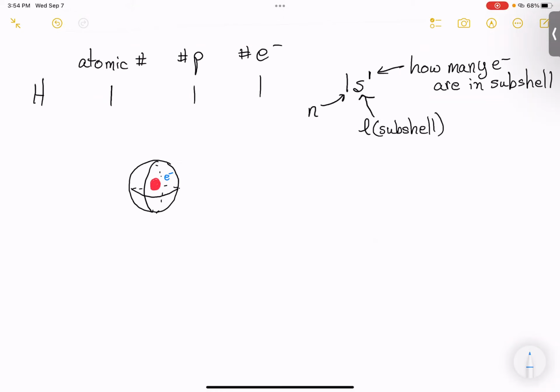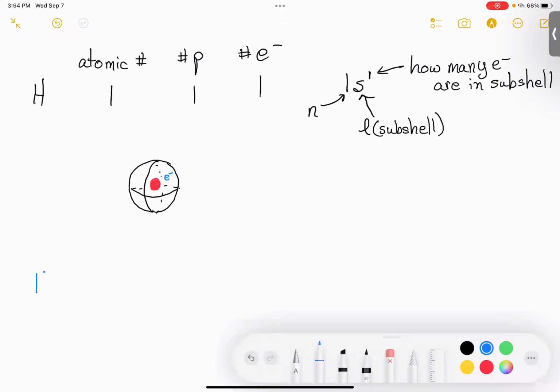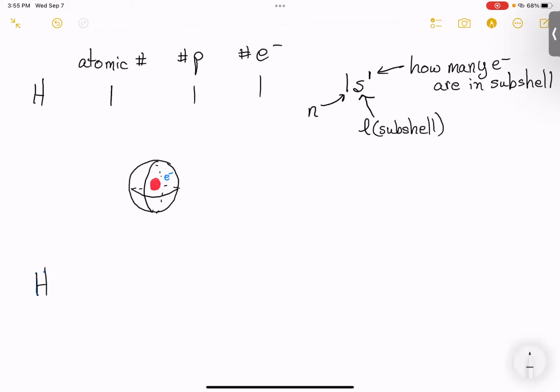Now, let's look at helium. Helium is atomic number 2. It's going to have 2 protons and 2 electrons.